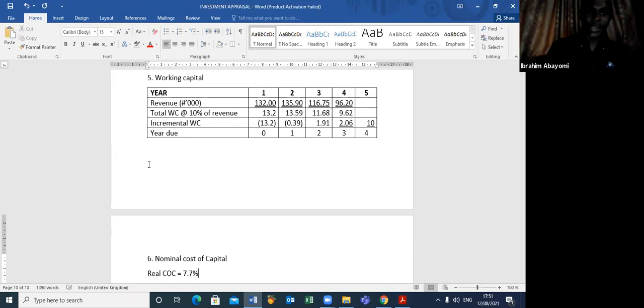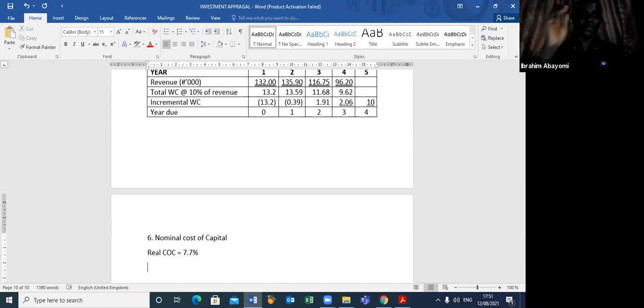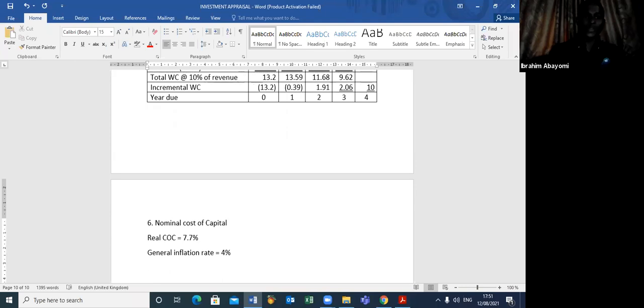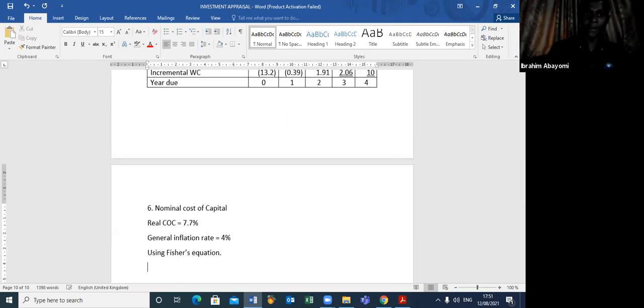And I told you that cost of capital will only be affected by the general inflation rate. What is the general inflation rate? The general inflation rate is 4%. So using Fisher's equation, I want to compute nominal.